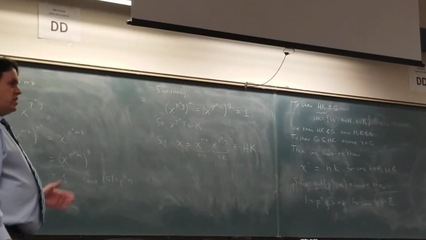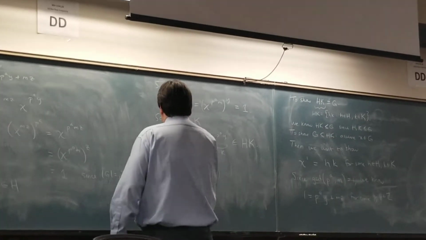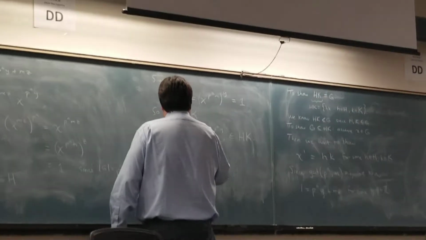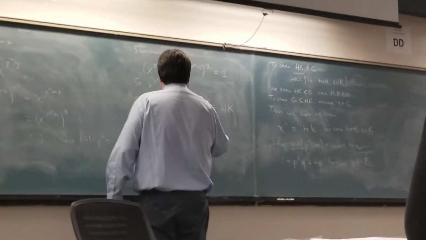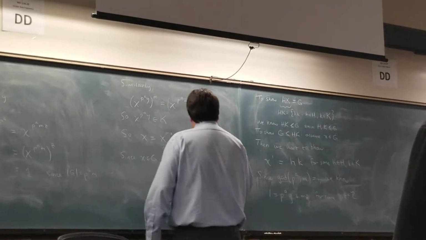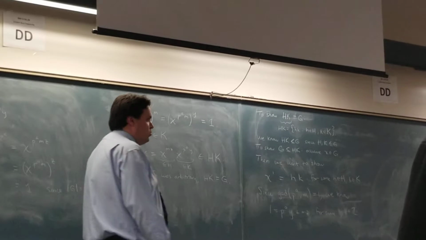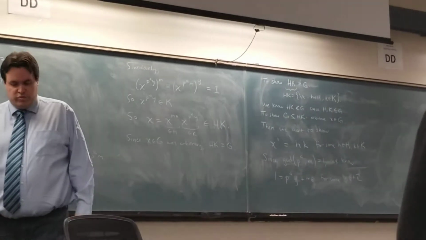So that means HK encompasses the entire group. So that means the product of H and K really is the entire group G.